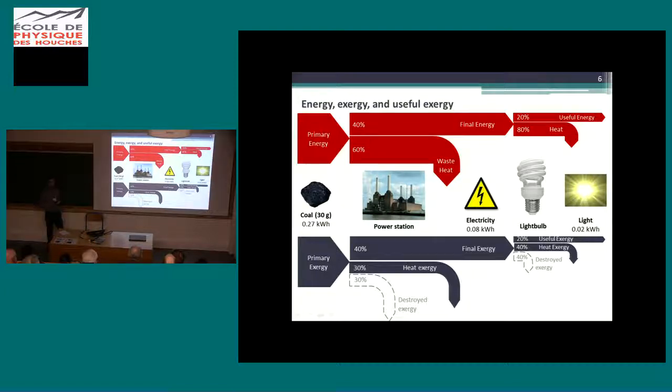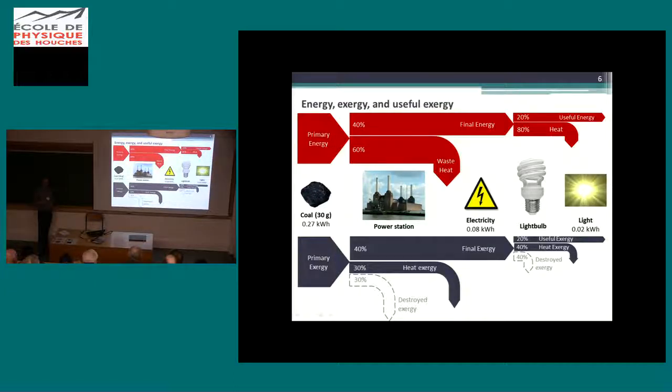I'm talking here about a fundamental way to define it, which is basically the amount of work that energy can generate. So in thermodynamics, exergy is a concept defining the amount of physical work that a system generates as it reaches thermodynamic equilibrium with its surroundings reversibly. So the exergy content of energy is a measure of its quality.